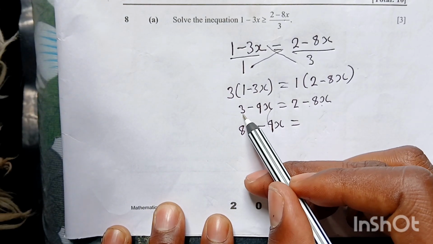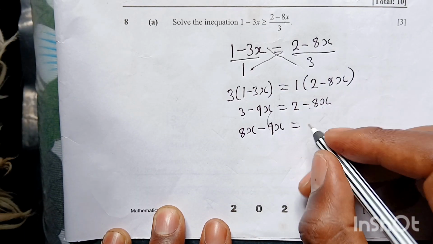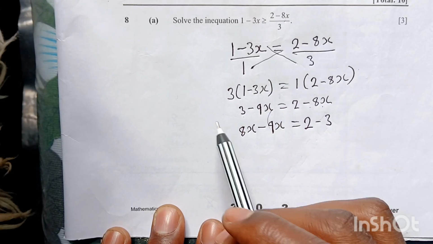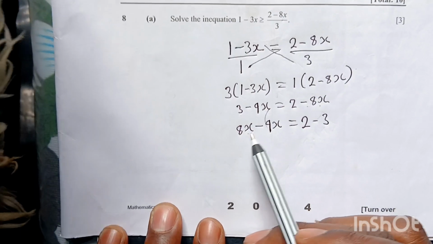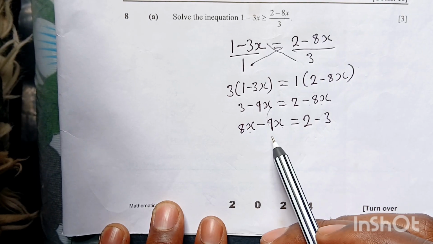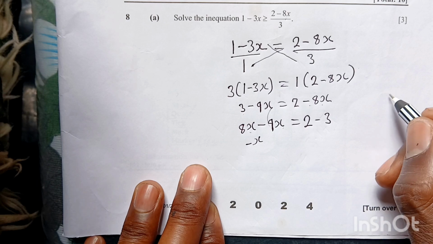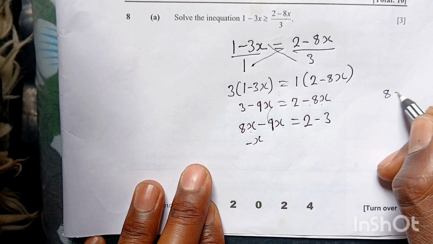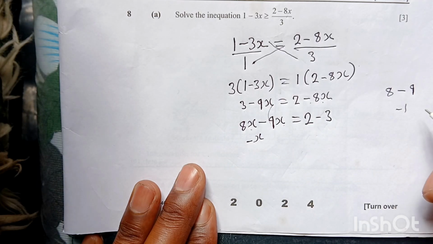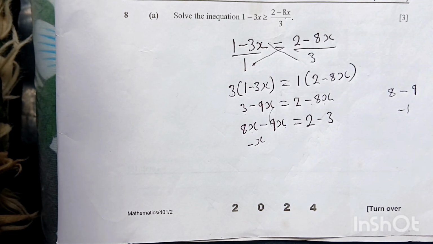This 3 is positive, when it jumps to the other side it becomes negative, so it will be 2 minus 3. 8x minus 9x is going to give you negative x, just the same as 8 minus 9, which gives you negative 1.